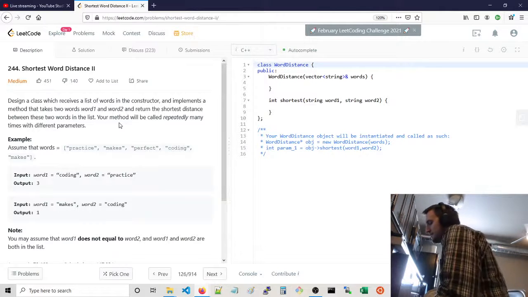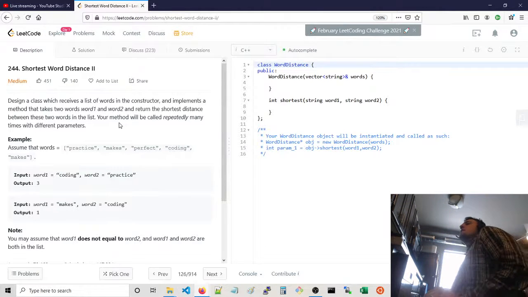Let me think. So you've got a whole bunch of different words in a list, and let's say if you didn't have any duplicates, is this a simple problem? I think so, right? Because each word would have an index associated with it, and you can just create a map, basically the reverse mapping.